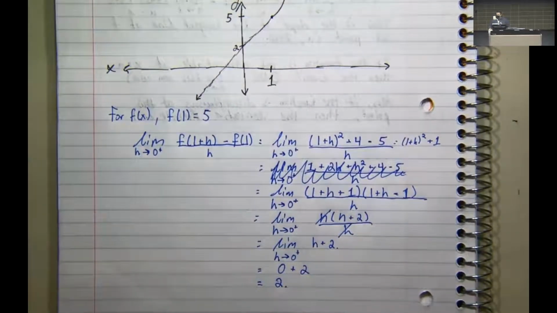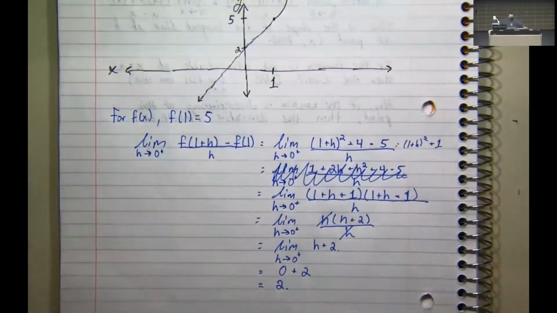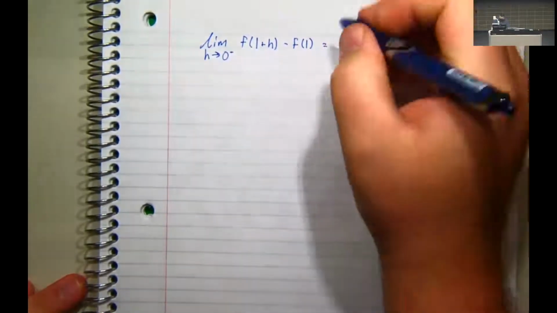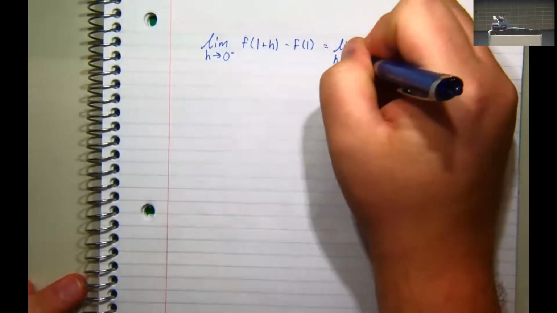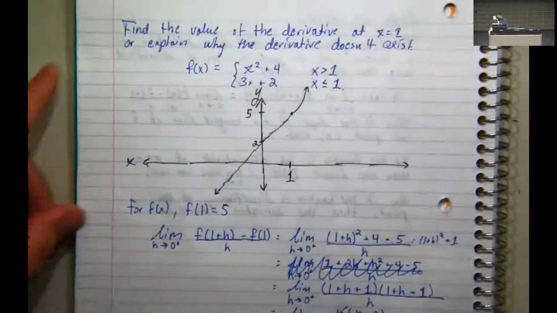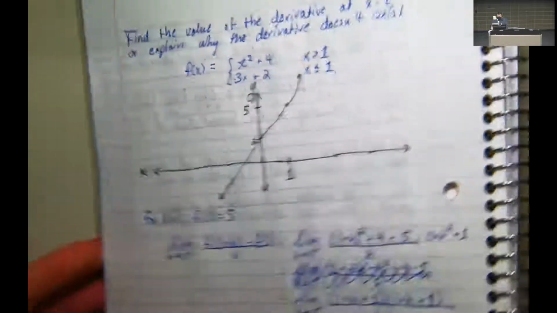And now we will do one from the left. So now the limit as h approaches 0 from the negative of f at 1 plus h minus f at 1 is equal to the limit as h approaches 0 from the negative of, and we're using 3x plus 2 because we're coming from the negative.